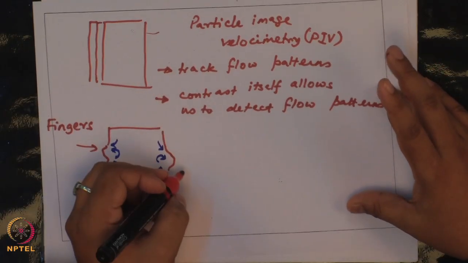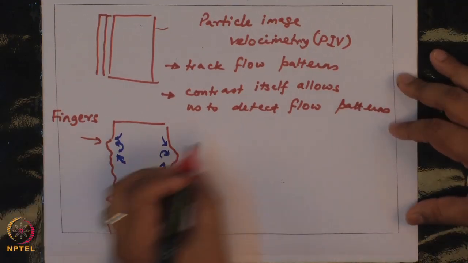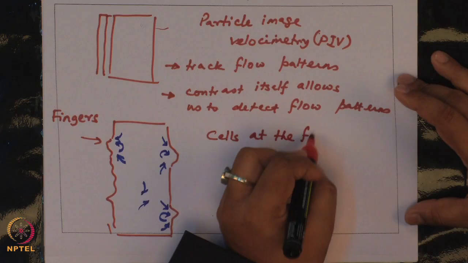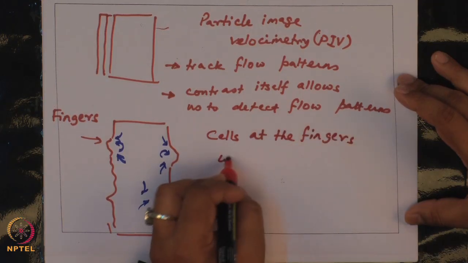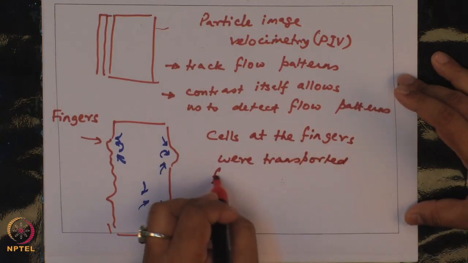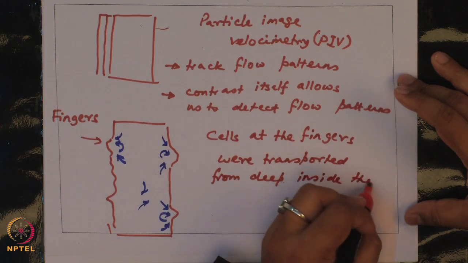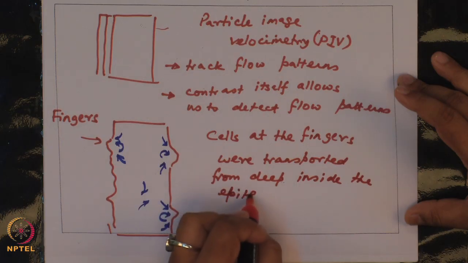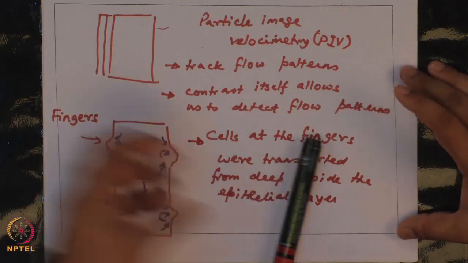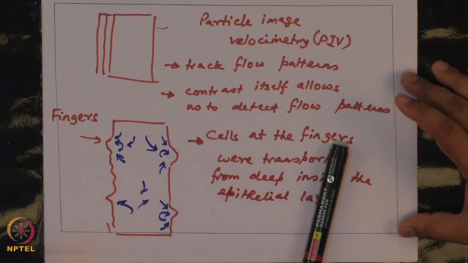So even though this is the leading edge, you can detect flow very far from the leading edge, suggesting that many of the cells at the fingers were transported from deep inside the epithelial layer. Okay. So, this flow allowed cells to migrate from the center towards the edges or towards the location of the fingers.